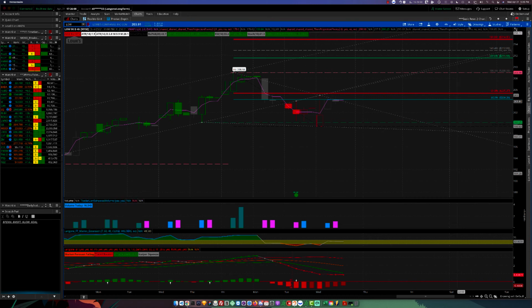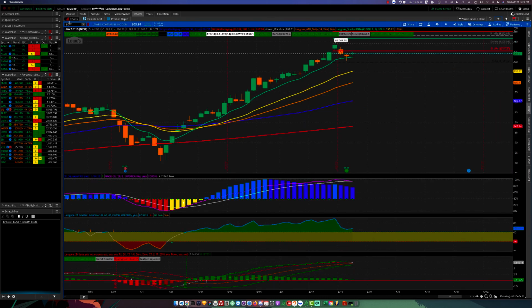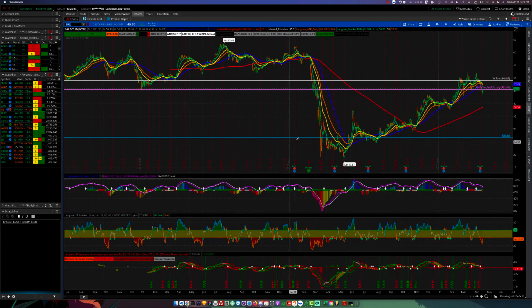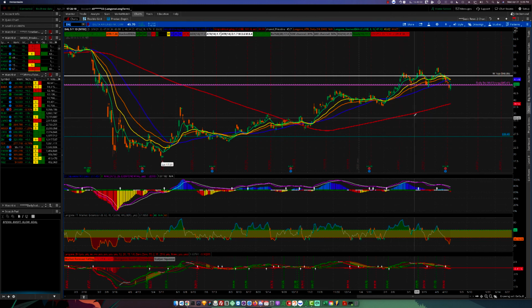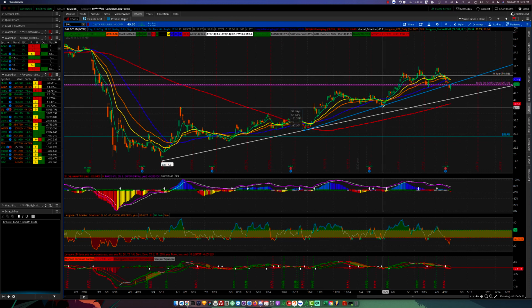All right, next one is Delta Airlines on a daily. Looks as if though we sold off, probably came down and tested trendline support. There's another level, and we found support from a previous high.